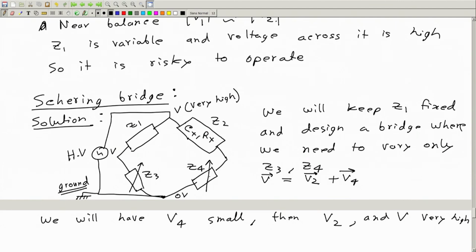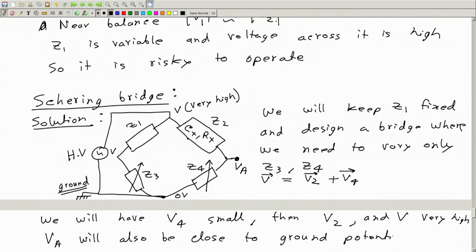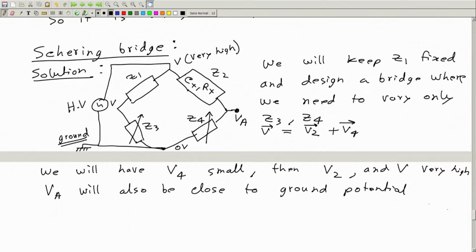Therefore, the person who is adjusting this is operating a voltage V4 which is close to ground potential, so the risk is much lower. Call this potential VA. VA will also be close to ground potential, earth potential. So, the risk will be small.